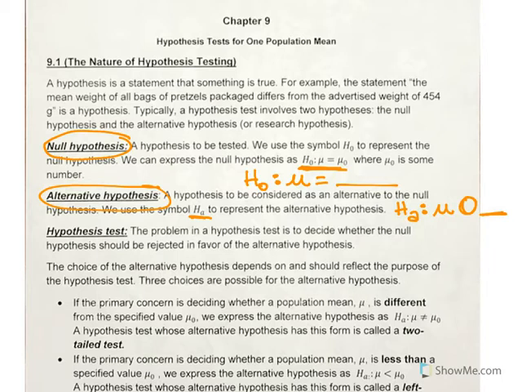Now that symbol will constitute what type of test we are talking about. And there's three main kinds. You have a two-tail test, a left-tail test, and a right-tail test. And I'll get into those when we get into the actual examples. This sheet you should have, so you should be able to follow along with me.